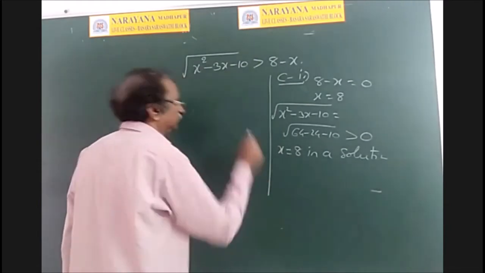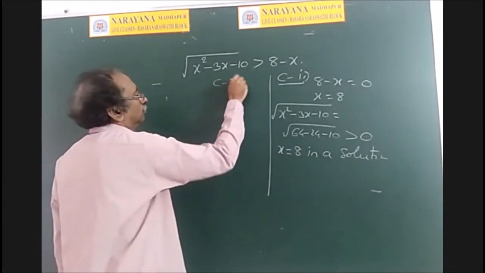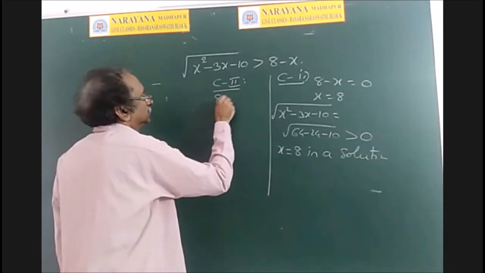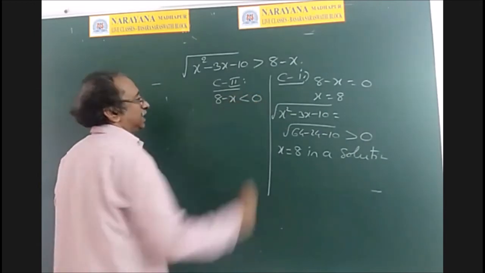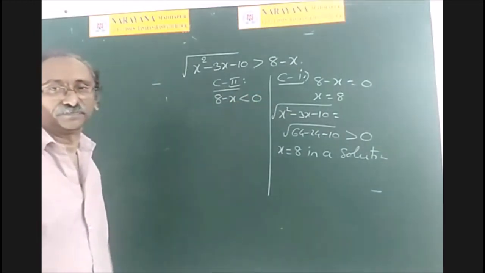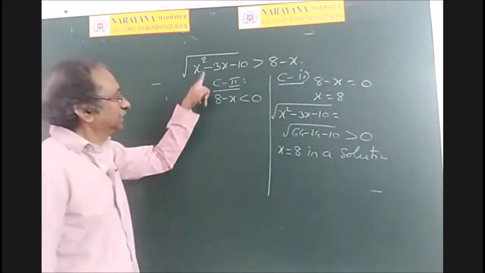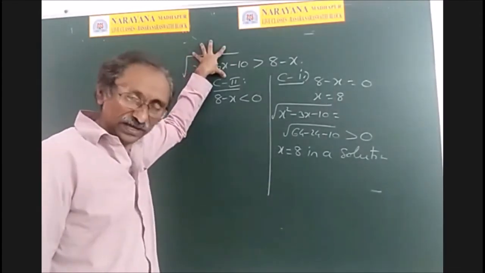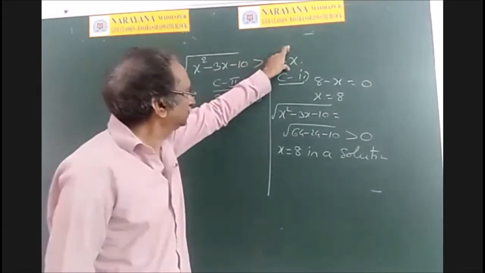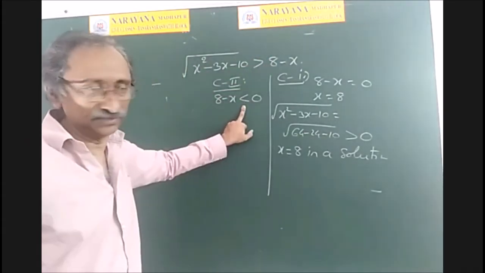And see the next one, case 2. Suppose 8 minus x is less than 0. See, then this is always non-negative and this is always negative in this case.